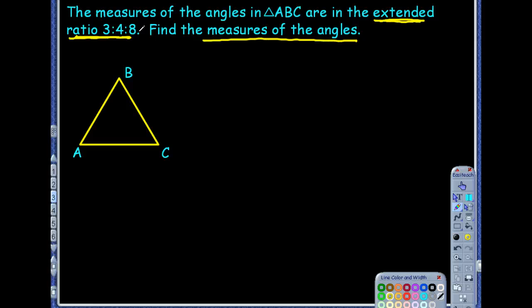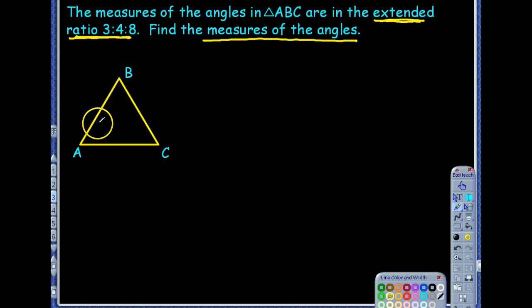So when you have an extended ratio, sometimes your approach to it could be a little bit different. So keep that in mind. Sometimes when you use an extended ratio, you may not use the whole thing. Sometimes you will, just depending on the scenario. You're still comparing some stuff. Now, like the last one, they don't tell you which angle is which.